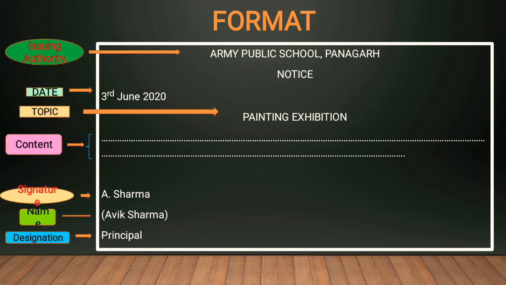As we read in the salient features of notice writing, we have written the name and address of the issuing authority, that is Army Public School, Panagar, on the top, and under it the word notice is written. Then in the left hand upper corner we have written the date.